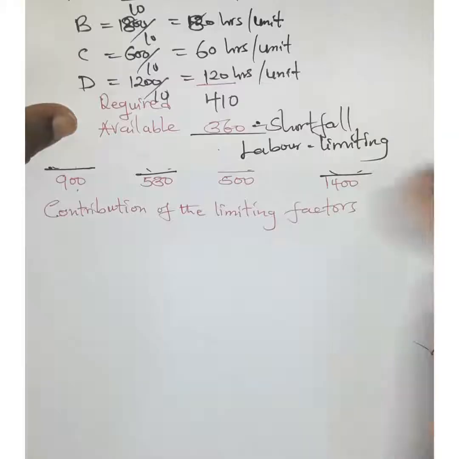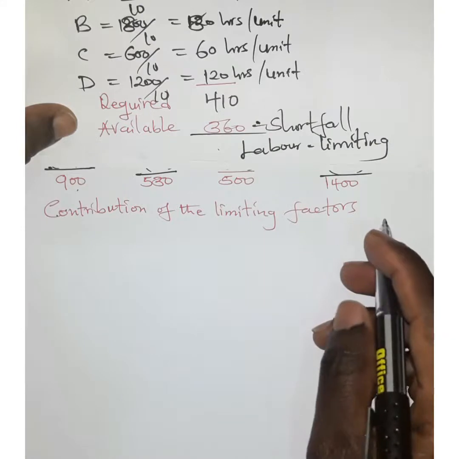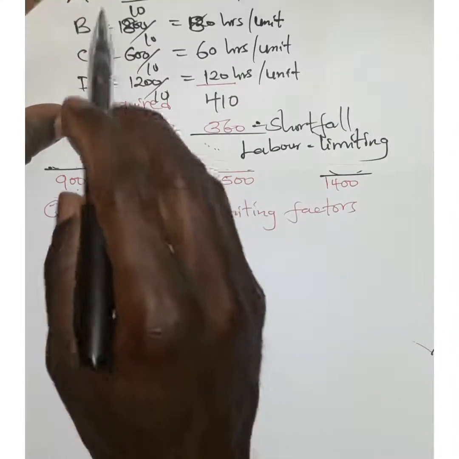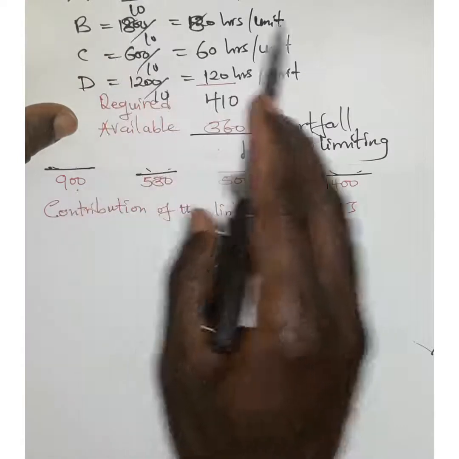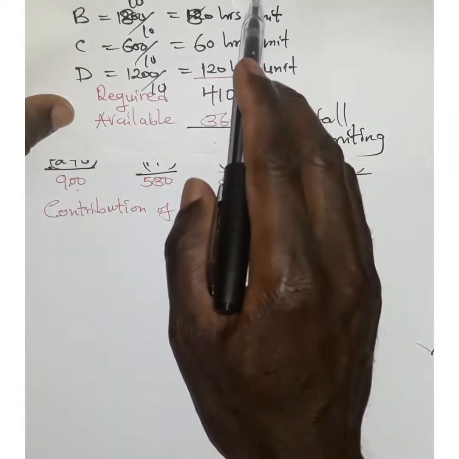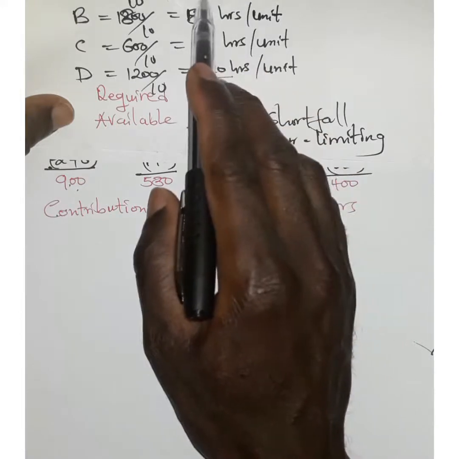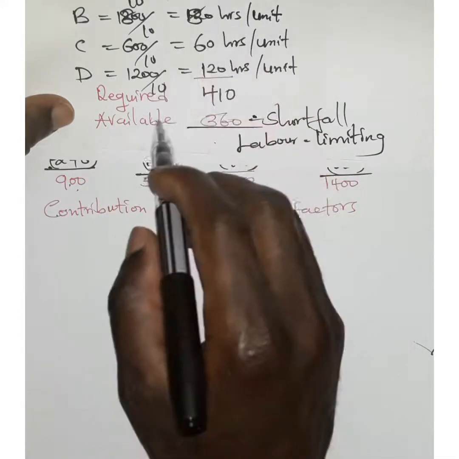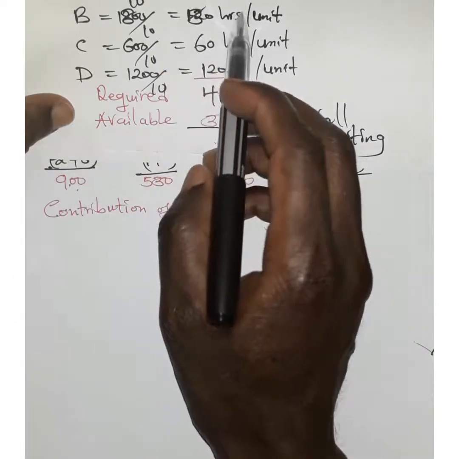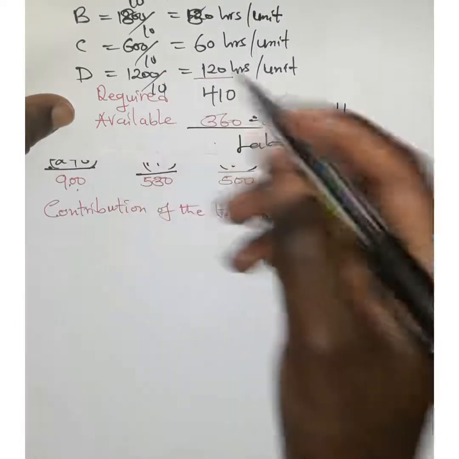The limiting factor happens to be labor, so these are now the contribution, but 1 unit of A is equal to 150 hours. What about now the 900?